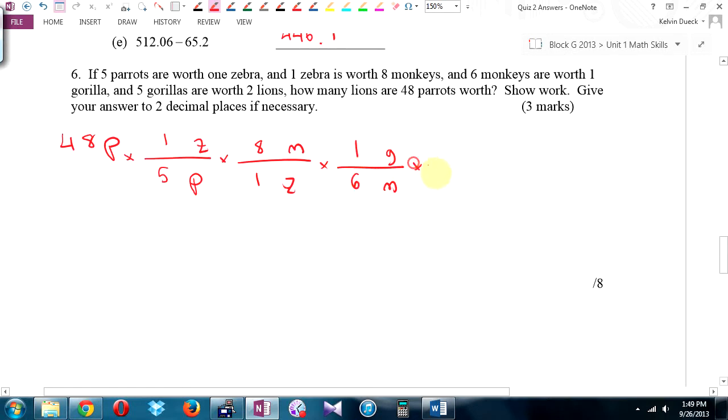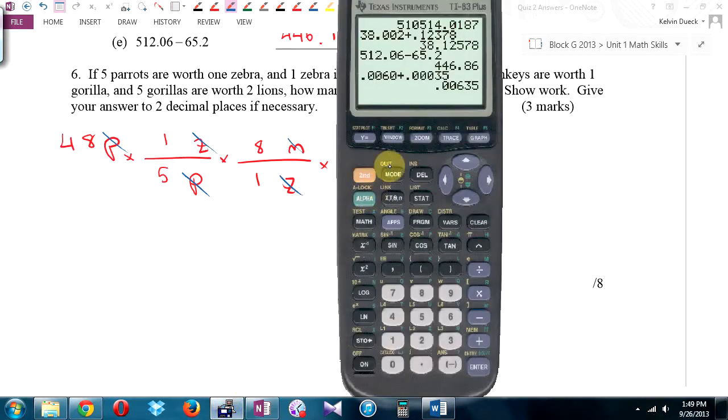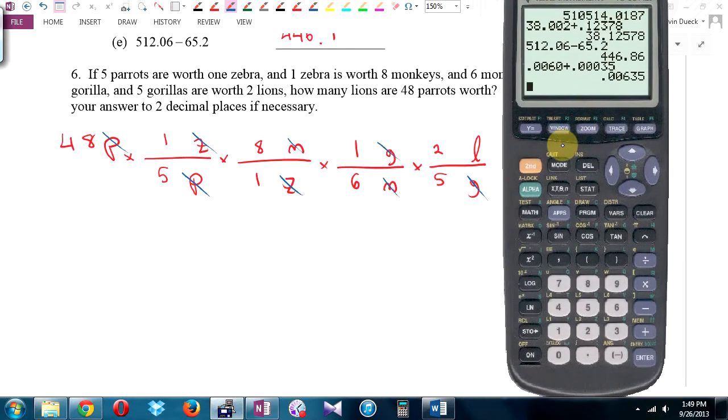And it looks like I can go from gorillas to lions, where 2 lions is worth 5 gorillas. And I think if I look at this chain, those will cancel, those will cancel, those will cancel, those will cancel, and lo and behold, I'm left with lions. So I think it's going to be 48 times 8 times 2 divided by 5 divided by 6 divided by 5.